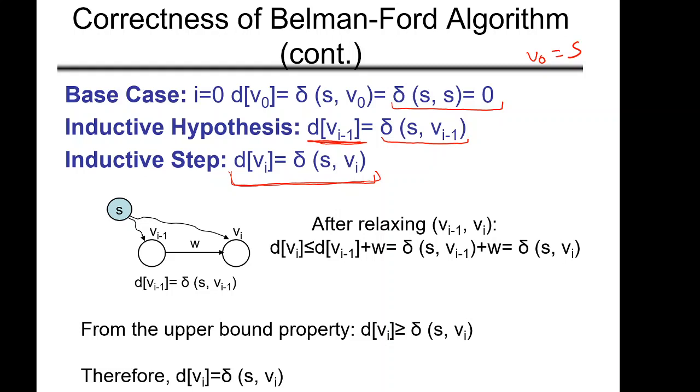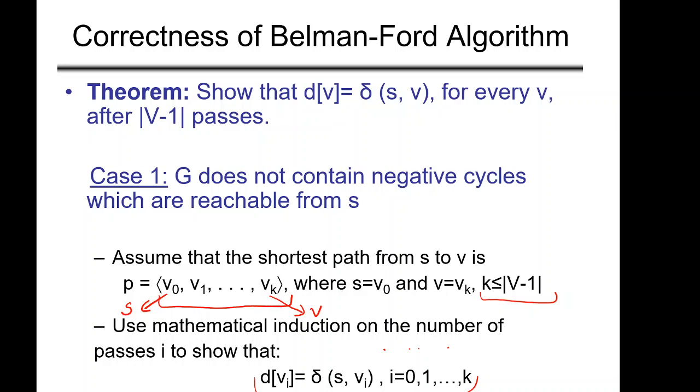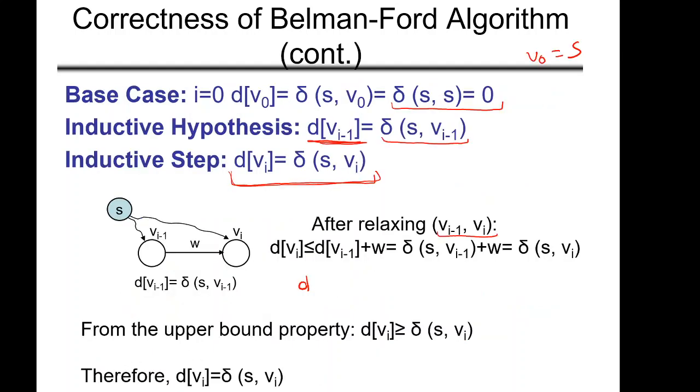After the ith pass over the edges of G is over, this equality is maintained. After relaxing this edge, what happened? We already know from our relaxation step that we have the shortest path till Vi minus 1.